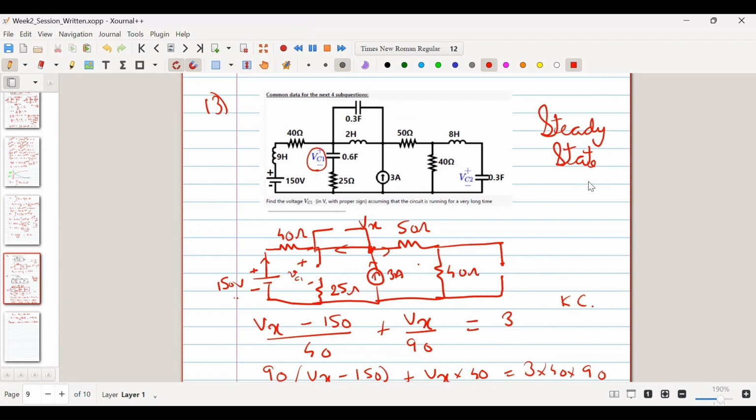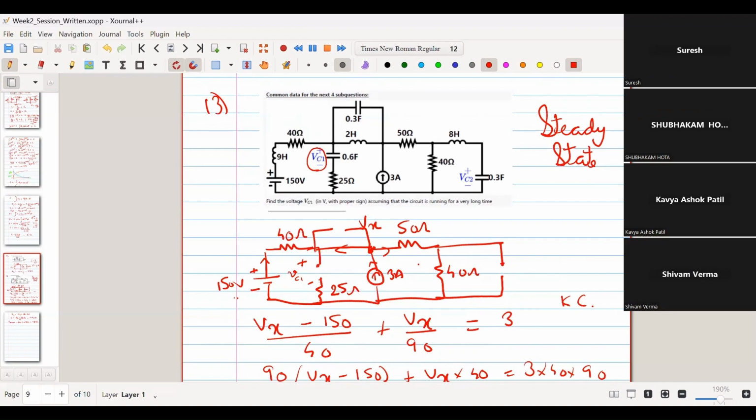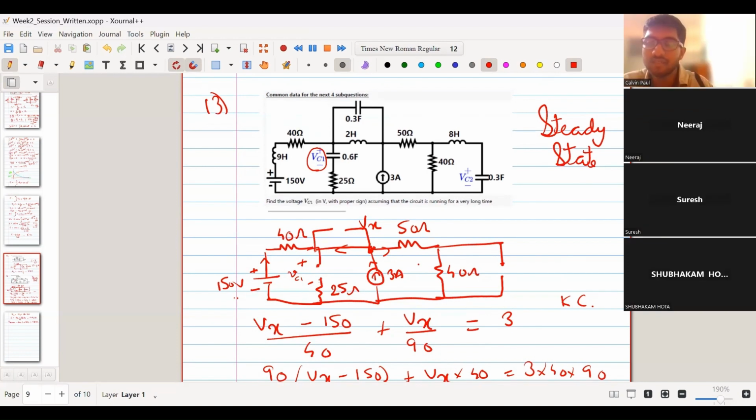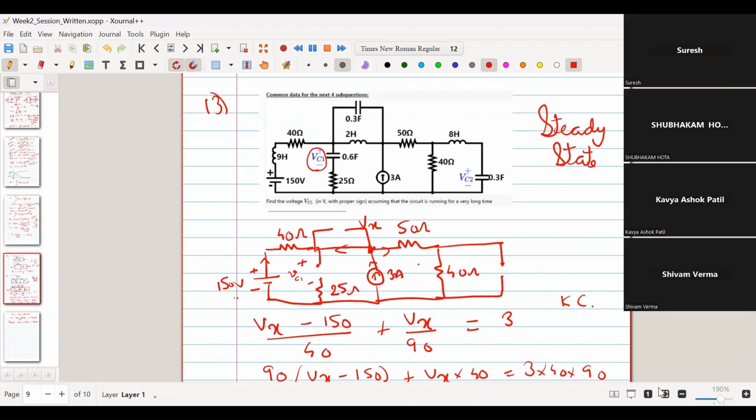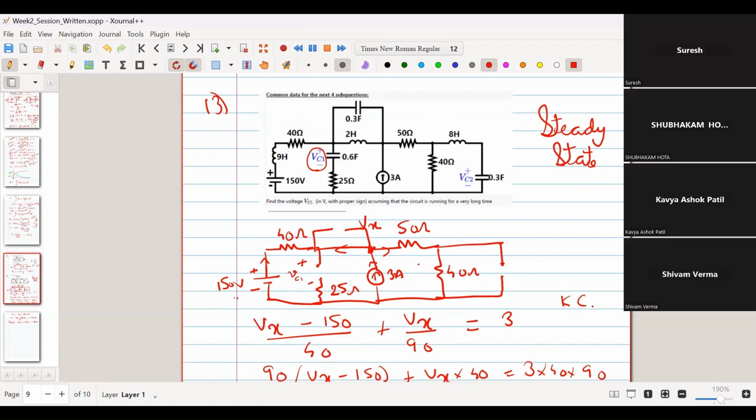His doubt is why the simulation tools show it like that. Probably the convention they are using is that, so we should consider that and proceed. Okay, I think that will be enough for today.